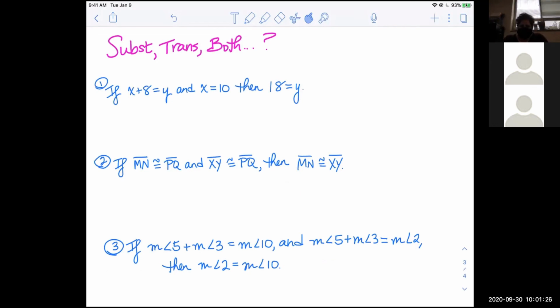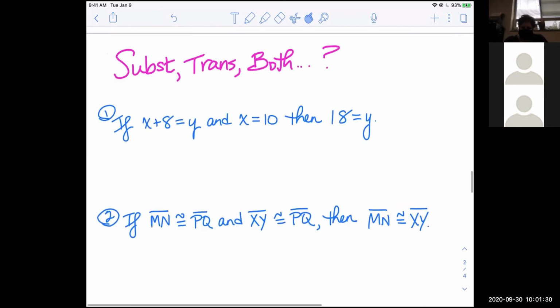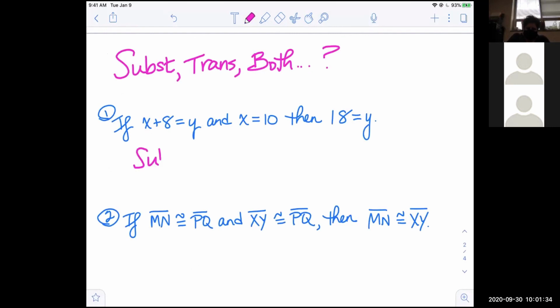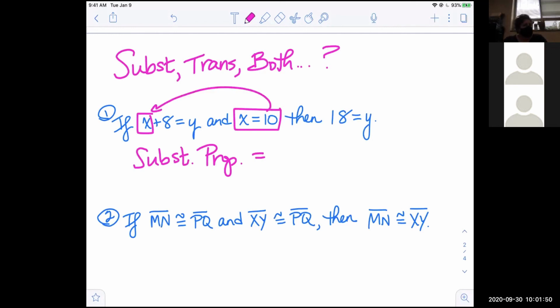Zach, what do you think about number 1? Okay, tell me how it's substitution. Okay, so we're taking the x out and putting 10 in its place and getting 18. All right, now, he said only substitution.